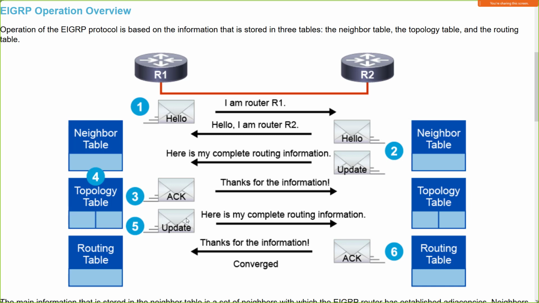But anyway, what you're seeing on the screen here is a really, really critical picture. Not only for EIGRP, but for OSPF, for BGP, because all of these protocols have very, very similar structures. There are three major components to any routing protocol.